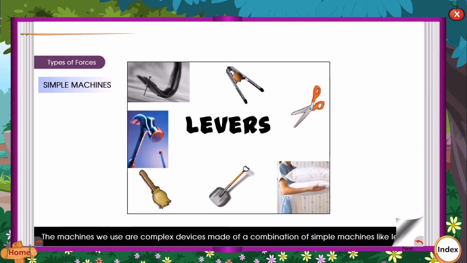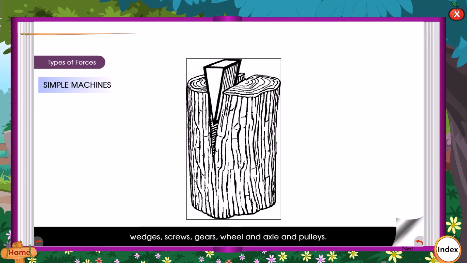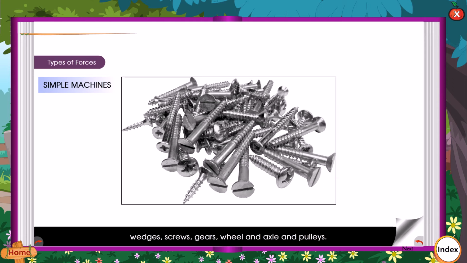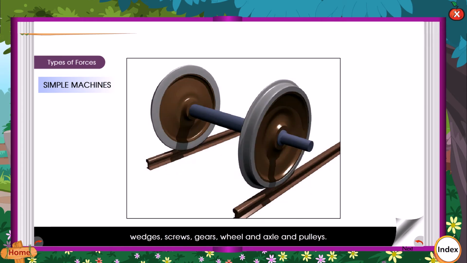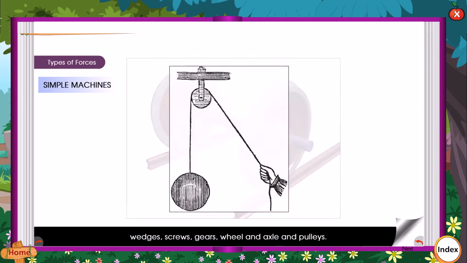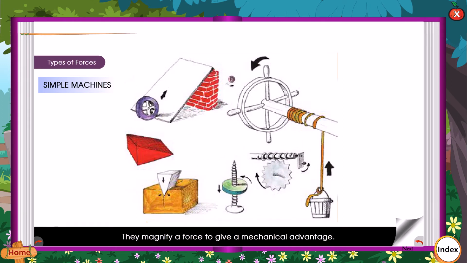The machines we use are complex devices made of a combination of simple machines like levers, wedges, screws, gears, wheels and axle, and pulleys. They magnify a force to give a mechanical advantage.